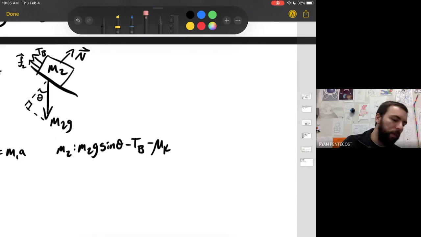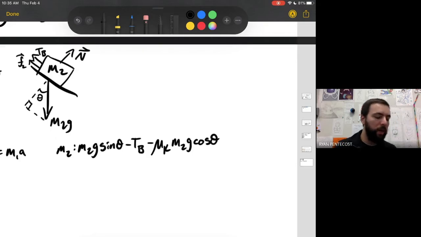Let's substitute that normal. Normal is mirrored by the vertical component of M2G. So that would be cosine, right? So you've got M2G cosine theta, right? Cosine because it is adjacent, sine for the horizontal component or the x component because it's at the opposite end. And that all equals M2A.